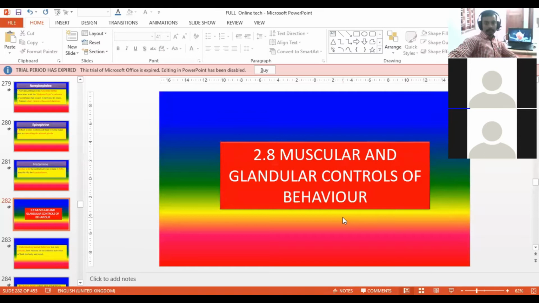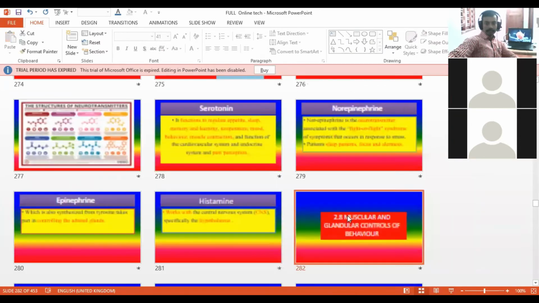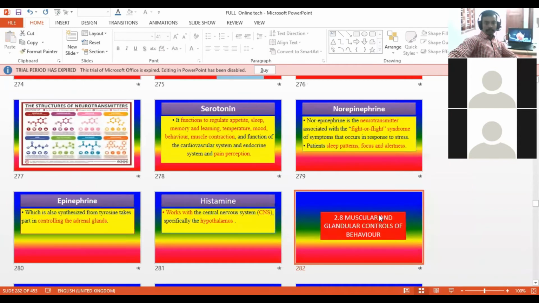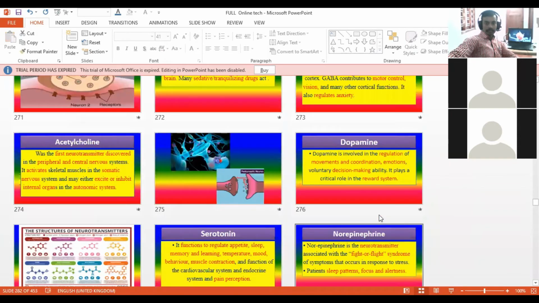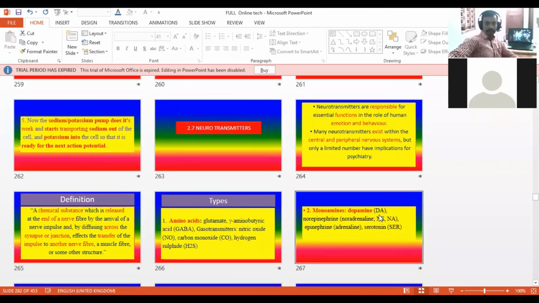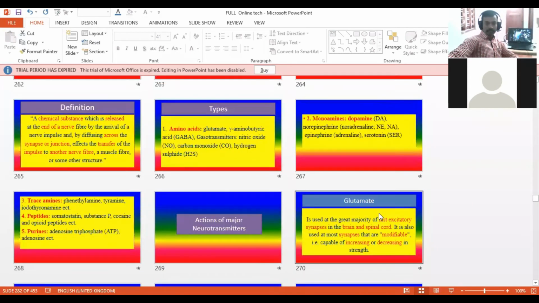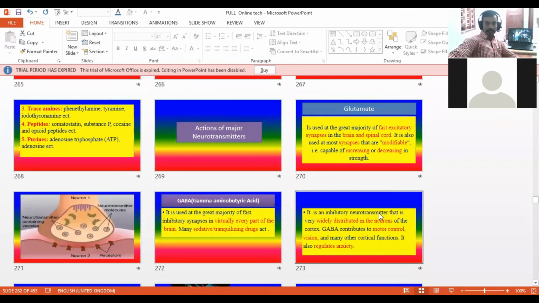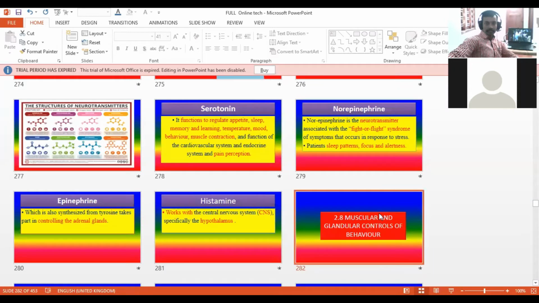So these are the important neurotransmitters. This question may be asked in five more questions. First, write about each type and a few neurotransmitters and their actions.